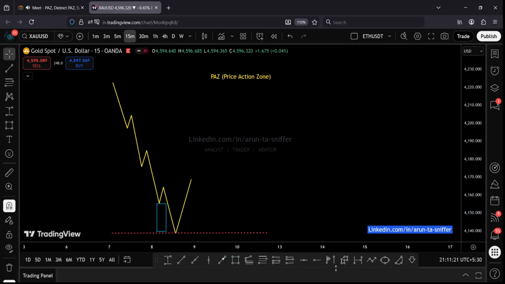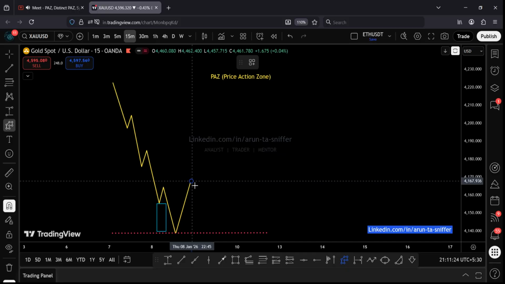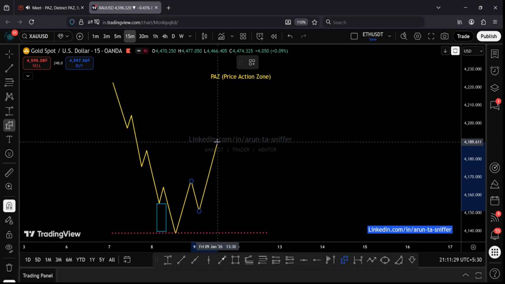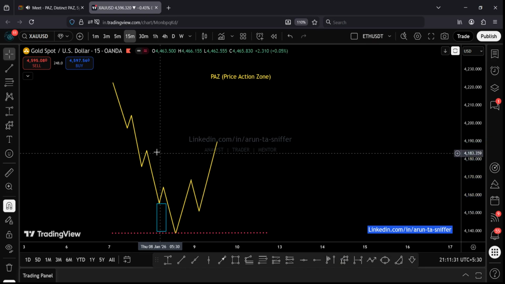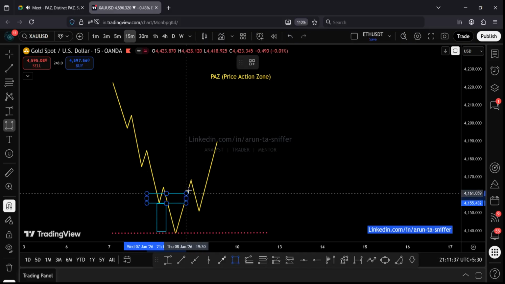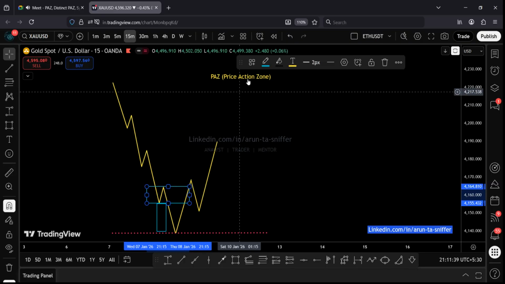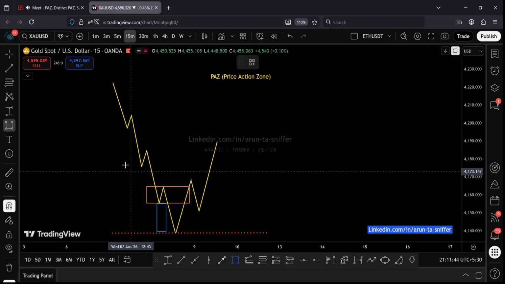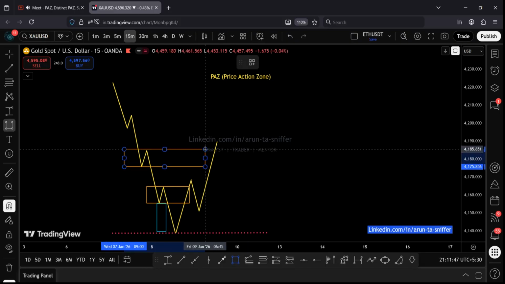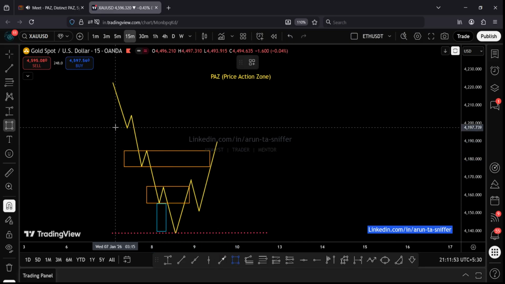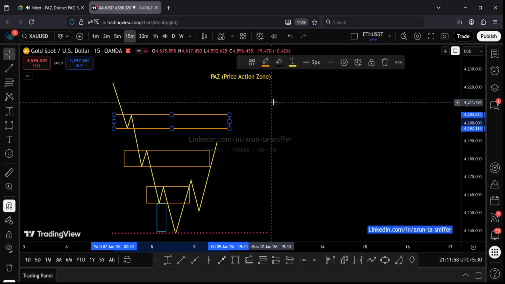Price will pull back to this zone and then go up, then cross this zone. Let's draw some rectangles here, like this.